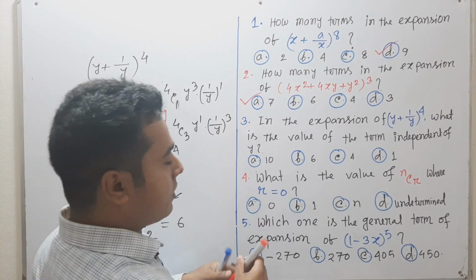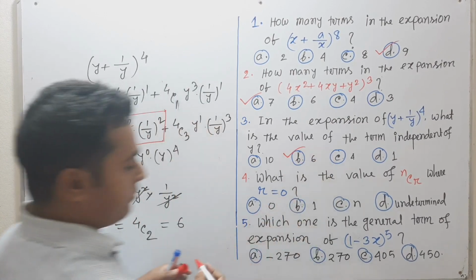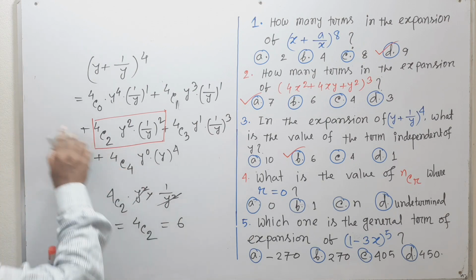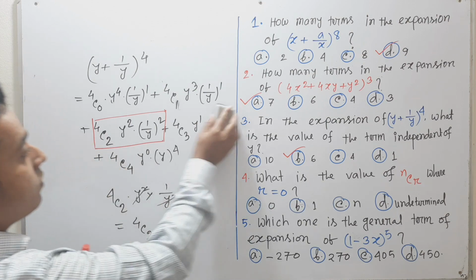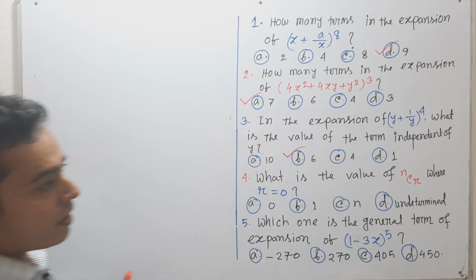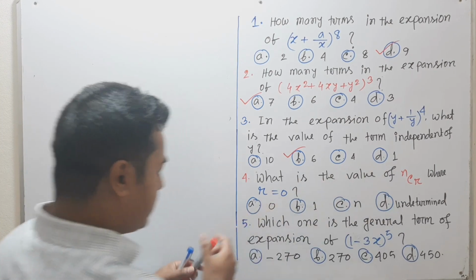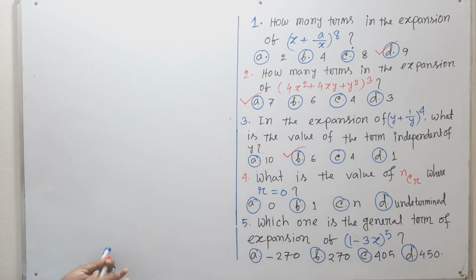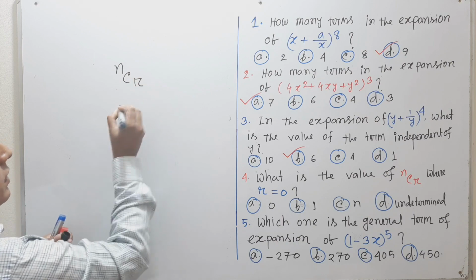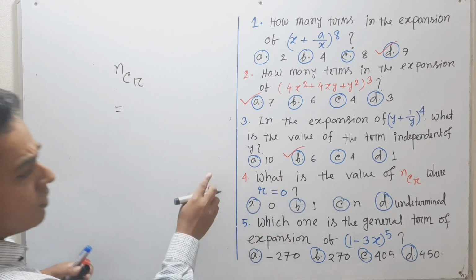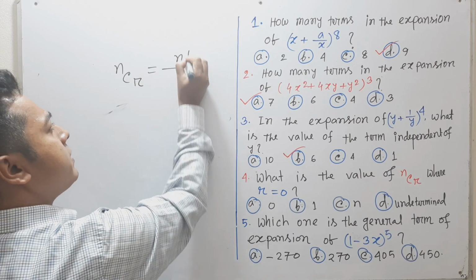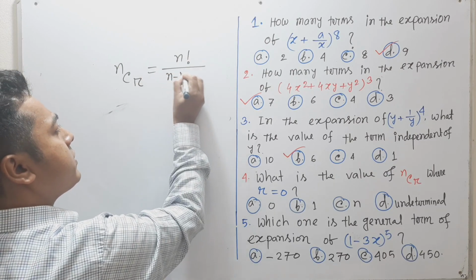Now our question is 4. What is the value of nCr where r is equal to 0? Here is nCr. We get the value of nCr is equal to n factorial divided by (n minus r) factorial and r factorial.